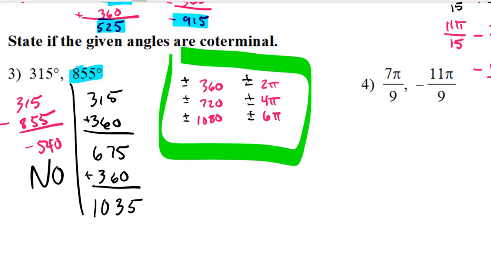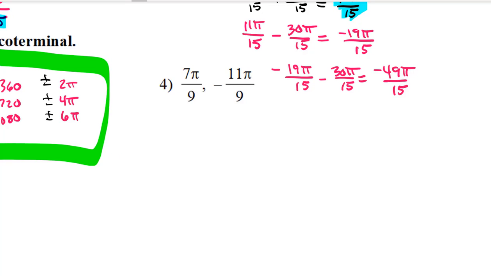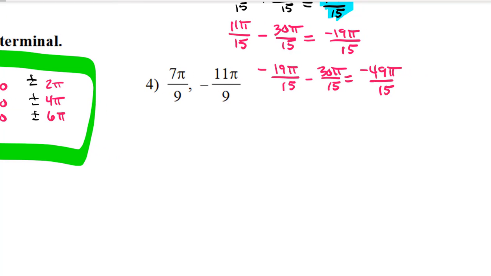That's it for the degrees, and I think most people are pretty solid with the degrees. It's the radians that are the challenge for a lot of people. With the radians, here's what I recommend. You want to see if you add or subtract them, you'll get a multiple of 2 pi. Our magic number on this one is 9, which means 2 pi in terms of ninths.